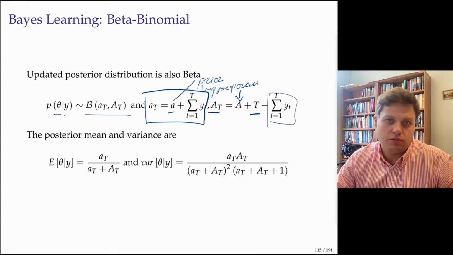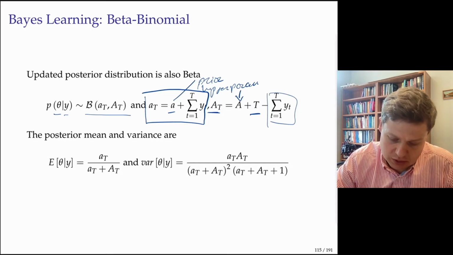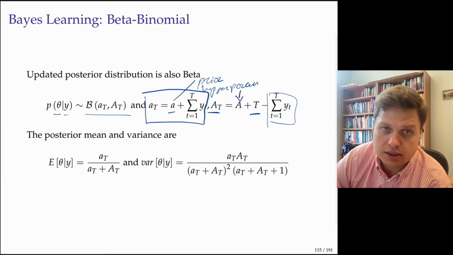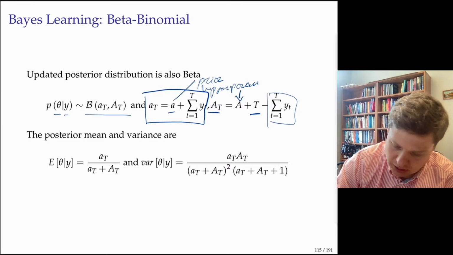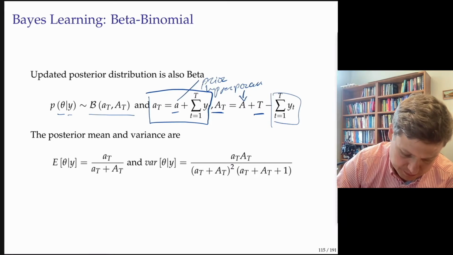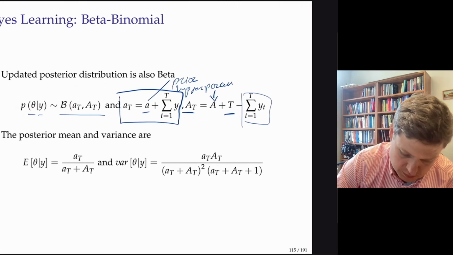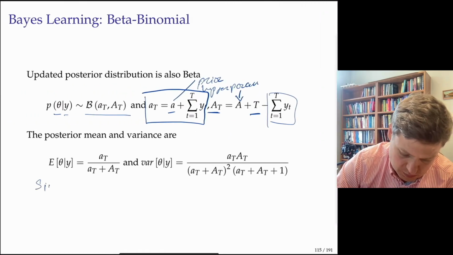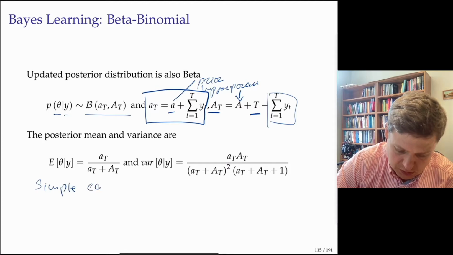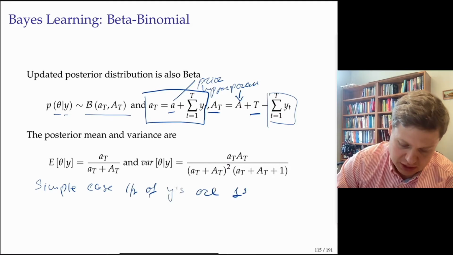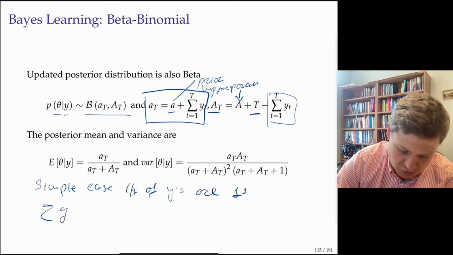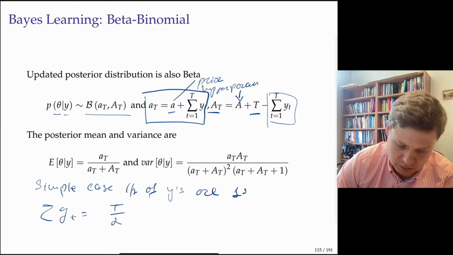So if you think just intuitively about this, let's think about the simple case when half of your y's are zeros and half of your y's are ones. So in this case, the sum over yt is just going to be t over 2, okay?